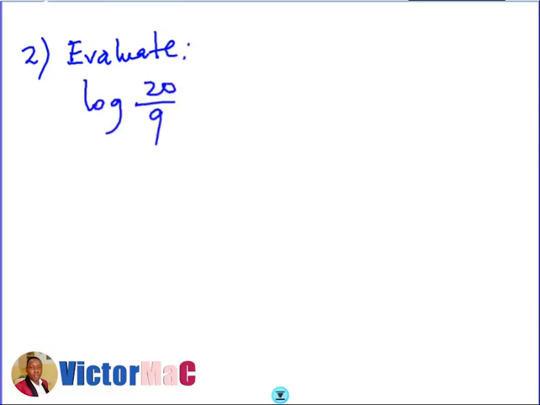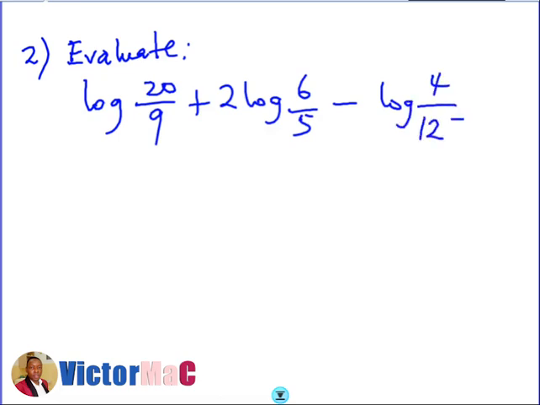Okay, let's see one more example. We have to evaluate log 20 over 9 plus 2 log 6 over 5 minus log 4 over 125. Now the same way, this base is not given, so automatically it's base 10.